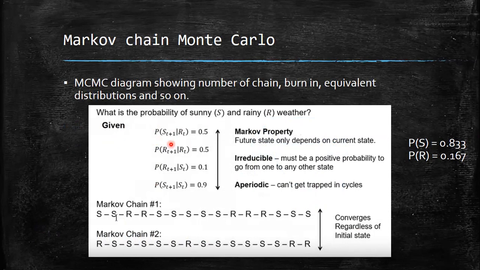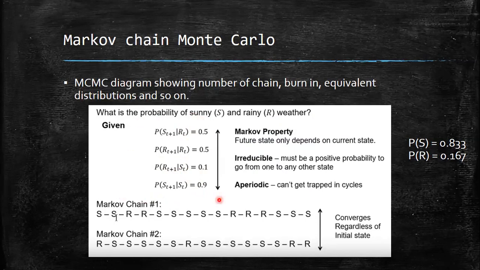If it was rainy yesterday, the probability of it being sunny today is 0.5, and similarly the probability of it raining again today is 0.5. They add up to 1, since they are the only two options. If it was sunny yesterday, the probability of raining today is 0.1, and the last case is that if it was sunny yesterday, it's going to be sunny today with a probability of 0.9.